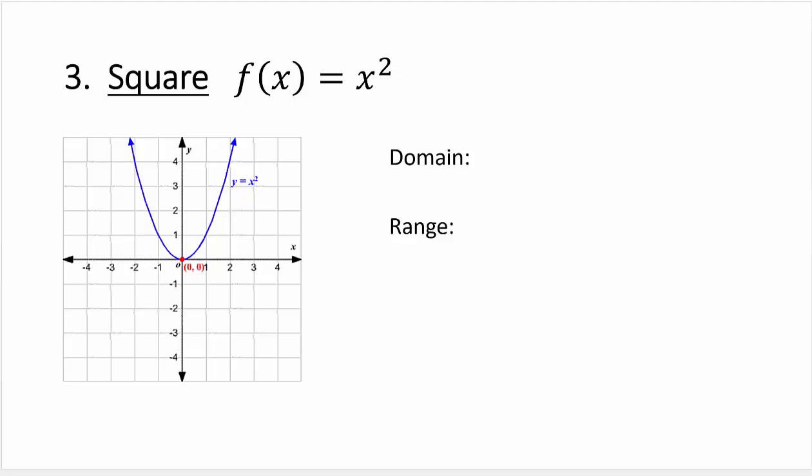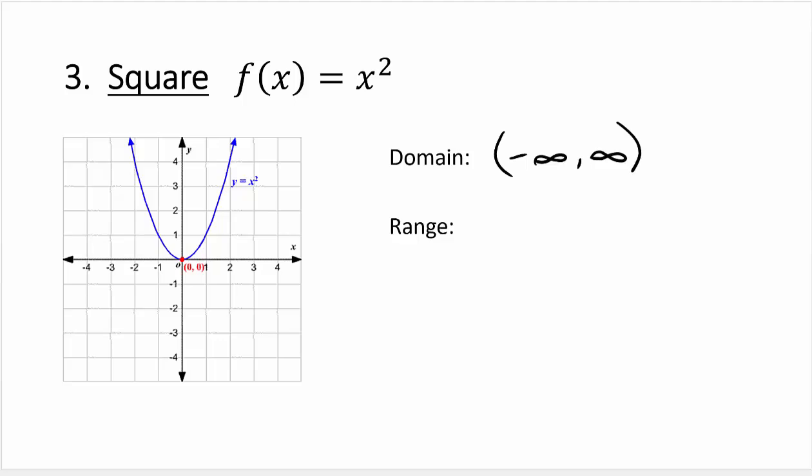Alright, so the third function that we're looking at here then is our square function. So this is f of x is equal to x squared. You might recognize this as a quadratic and the graph as a parabola. So if we look at our domain here, we can see that the domain, as I'm looking horizontally from left to right, would again be all real numbers, so from negative infinity to positive infinity.